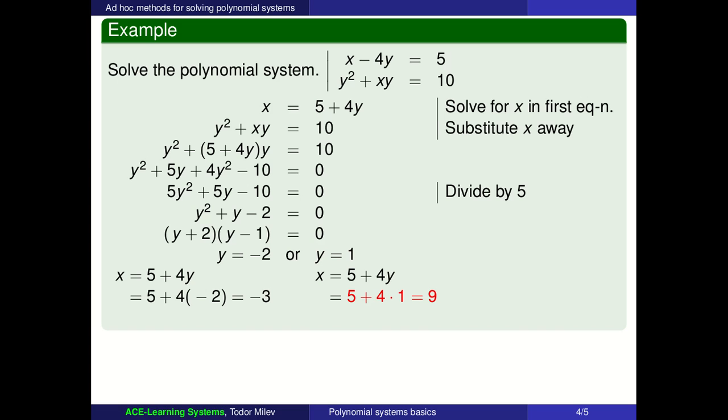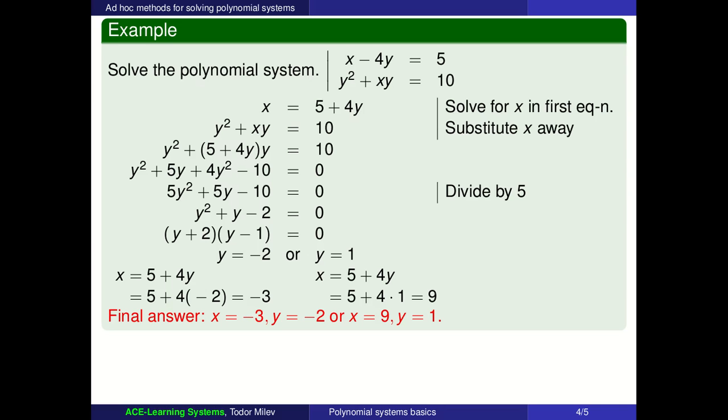Let us collect our results in a final answer. Our final answer is either x is equal to -3 and y is equal to -2, or x is equal to 9 and y is equal to 1. So we got two pairs of solutions.